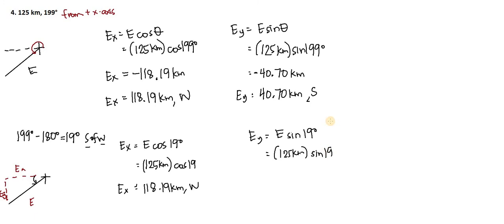Okay? So, the answer is positive ulit. Okay. So, that will be 40.70 kilometer. Though positive yung answer, so you refer to the components of 19 degrees, that is south. Okay, so east, south, west. See, kahit ano method, pwede. Okay, so pwedeng ito, pwedeng ito.